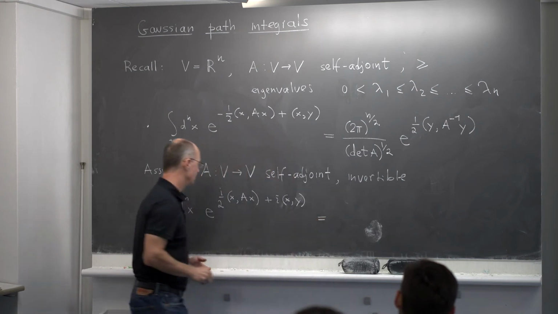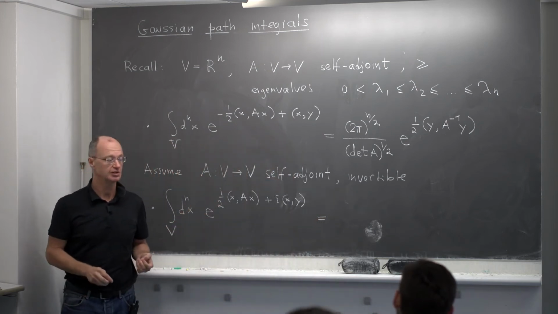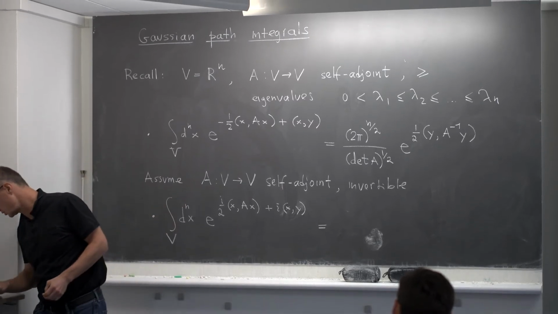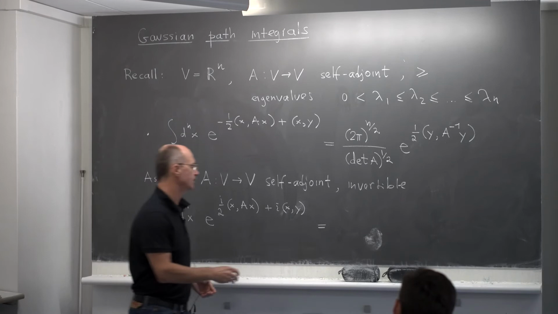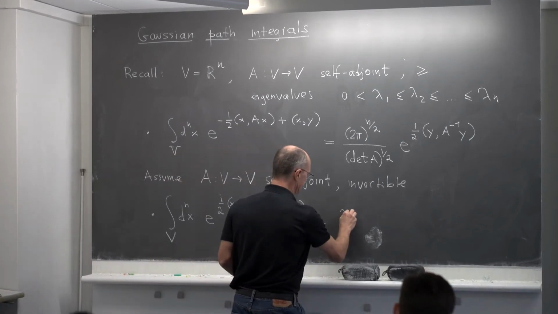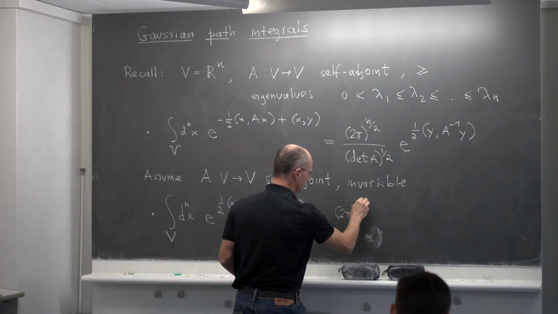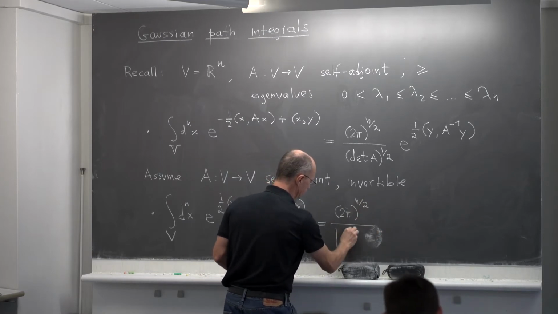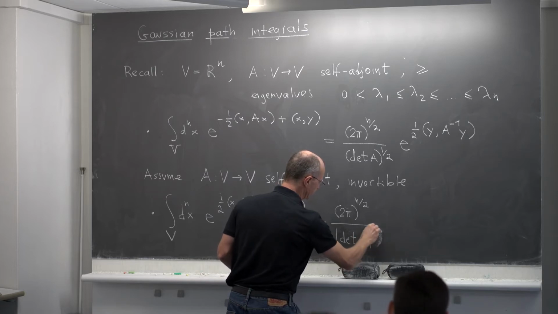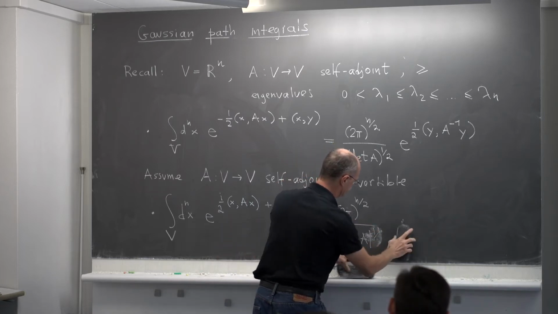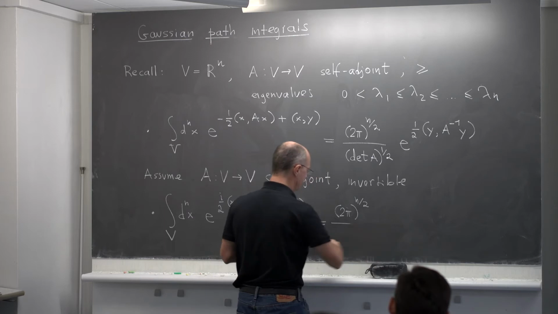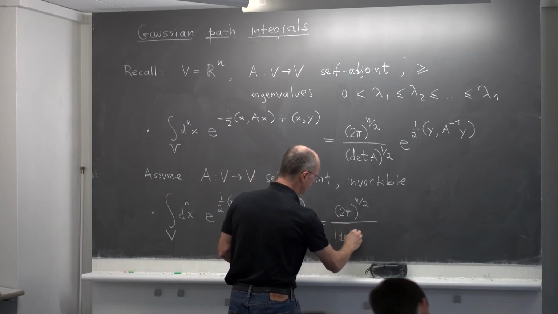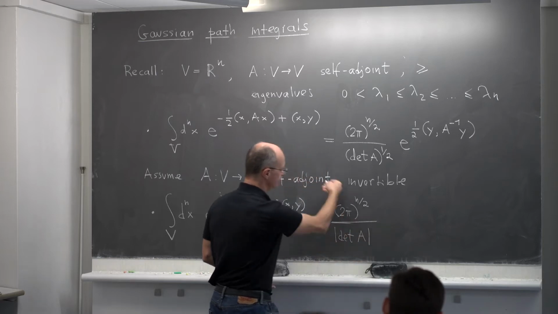And we looked at the one-dimensional case in the stationary phase, and in a general situation, that's how it's going to look like. So it is 2 pi to the power n over 2. Now we take the square root of the absolute value of the determinant of A. It is non-zero because A is invertible.